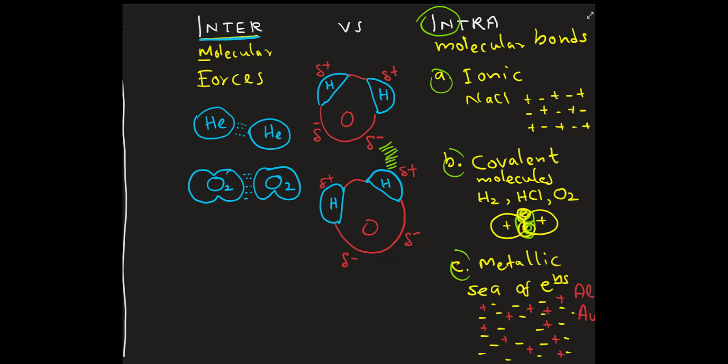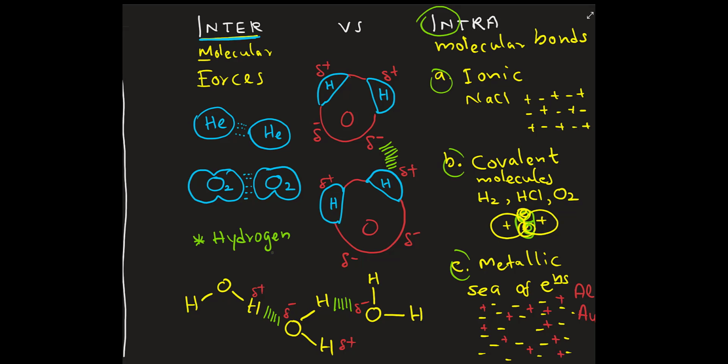I'm going to go into the details of hydrogen bonding in a moment, but we can also simplify these big water molecules into a simple form like this. And what happens? Hydrogen gets the delta plus, oxygen gets the delta minus, partial positive, partial negative. They interact with each other, intermolecular forces, and that's hydrogen bonding.